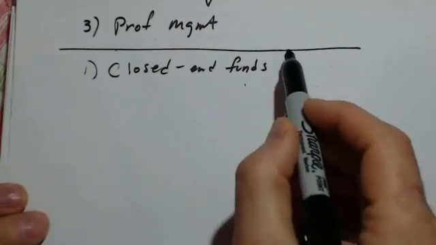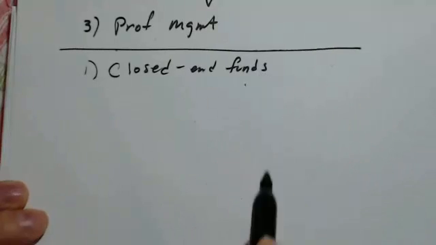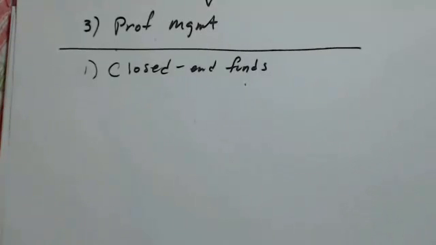So closed-end funds trade on an exchange, and the shares sometimes may sell at a premium or discount relative to their actual net asset value, which is kind of funny, because what happens is these shares trade based on supply and demand, the market price that they trade on an exchange, like the New York Stock Exchange. Those prices are determined by supply and demand. Underneath that is like a book value type thing, and that's what the net asset value is.